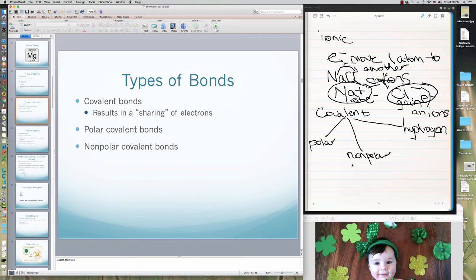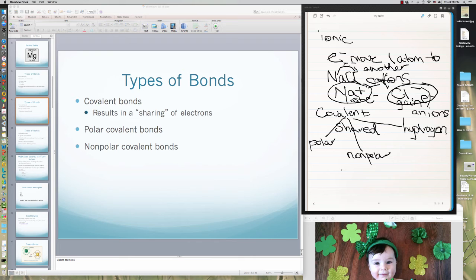Covalent bonds are ones where, rather than an electron moving from one atom to another, instead the electrons are shared between the atoms that make up that molecule. And when you're sharing anything, you could share things equally, like you could take a candy bar, divide it in half, give half to someone else and keep half yourself. That's equal sharing. Or you could share things unequally, and when you divide up the candy bar, you give them one little tiny piece and you keep the rest for yourself.